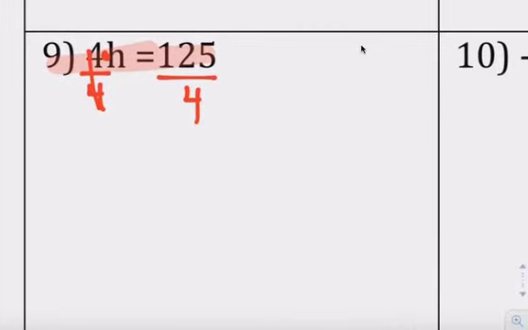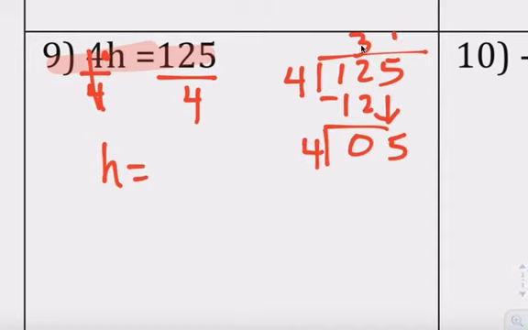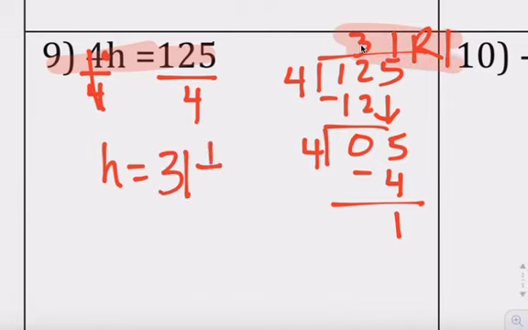Then you have H equals 125 divided by 4. 3, 12, subtract 0, bring down the 5. 4 into 5, 1 time. Remainder 1. So your answer is 31, remainder 1, with this denominator 4, which is the one outside.